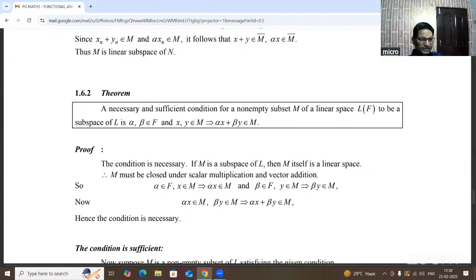It can be written as alpha x, one scalar multiplication, and beta y, another scalar multiplication, with vector addition in between. So alpha x plus beta y belongs to capital M. This is the direct condition.